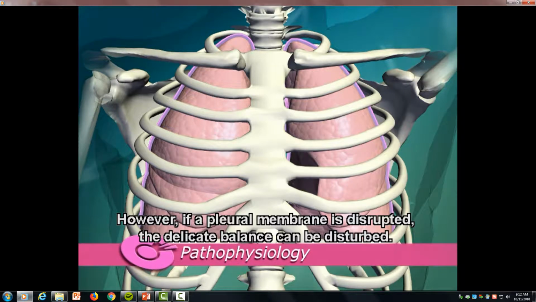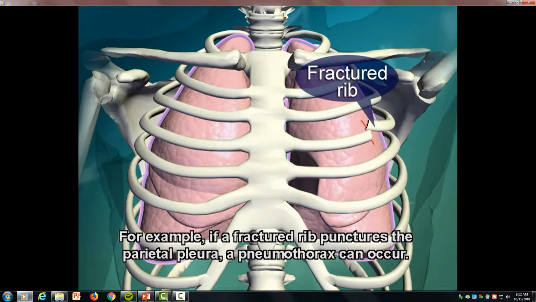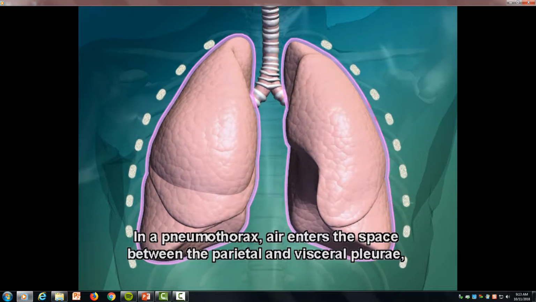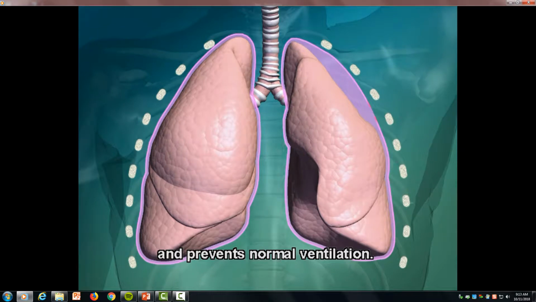However, if a pleural membrane is disrupted, the delicate balance can be disturbed. For example, if a fractured rib punctures the parietal pleura, a pneumothorax can occur. In a pneumothorax, air enters the space between the parietal and visceral pleurae, destroys the negative pressure that holds the pleurae together, and prevents normal ventilation.